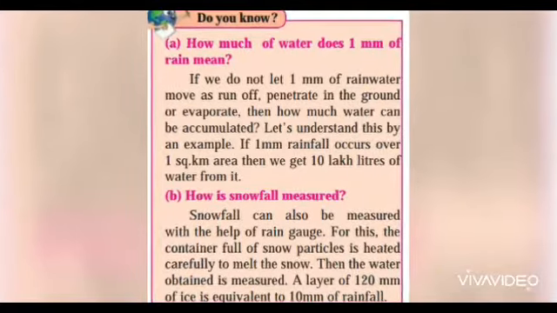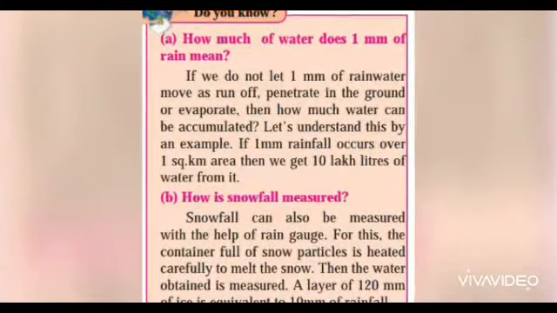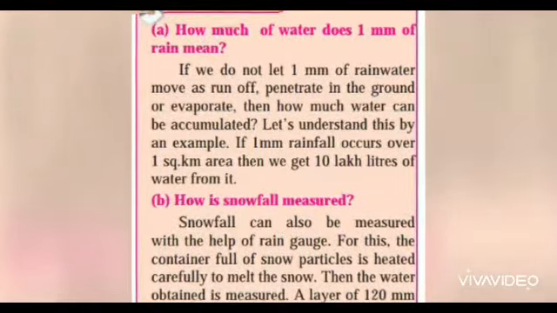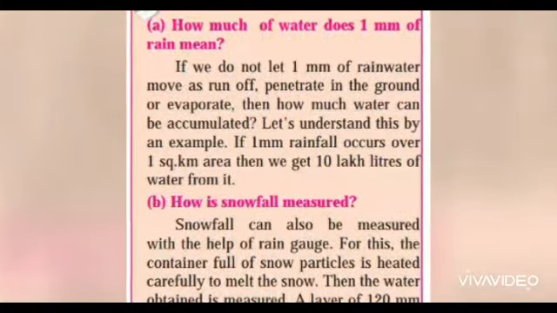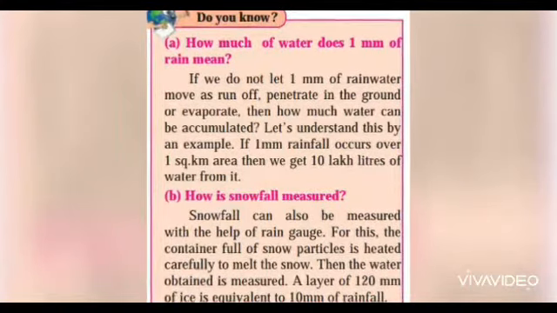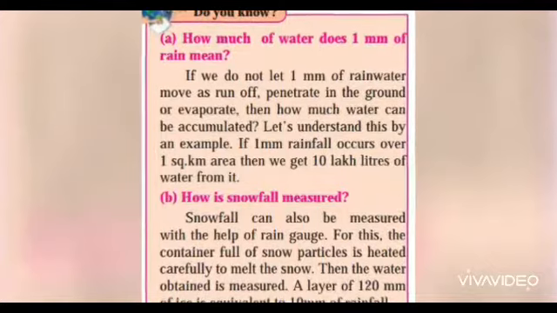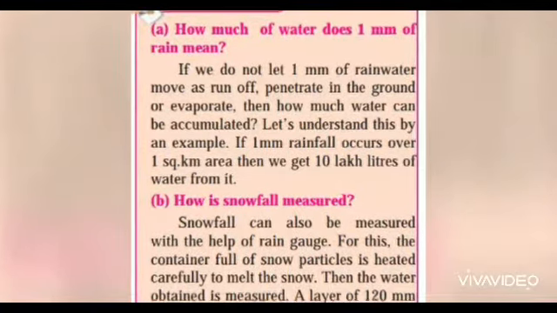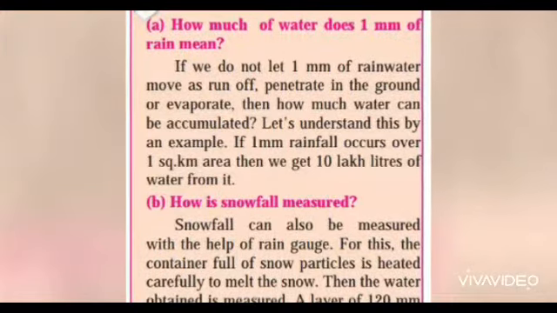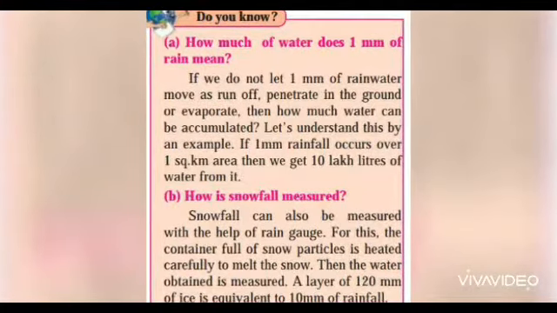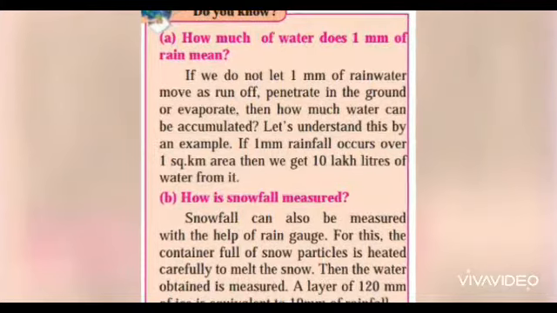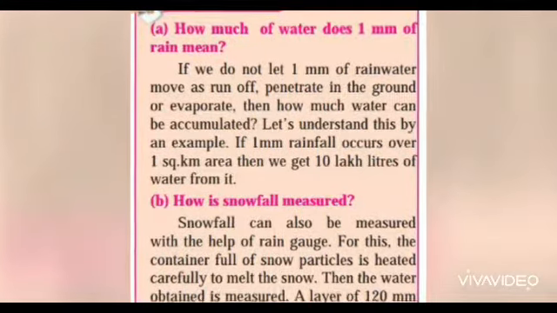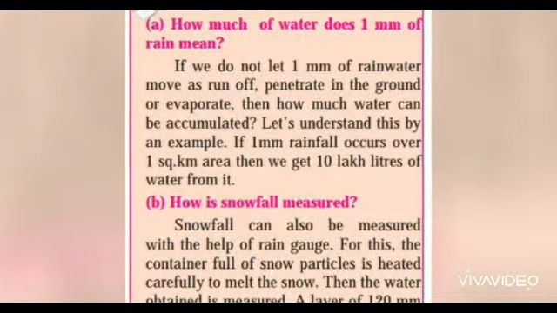How much water does 1 millimeter of rain mean? If we do not let 1 millimeter of rain move as runoff, that means we do not let it flow, penetrate in the ground or evaporate, then how much water can be accumulated?